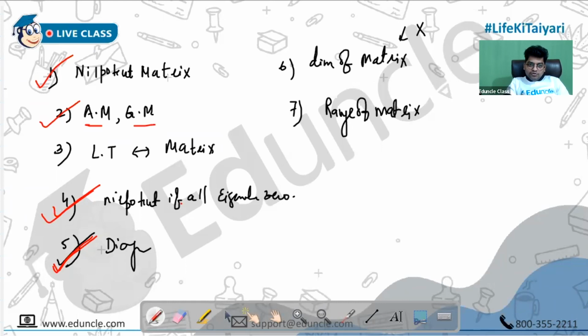The remaining part is, like one portion you were asking, block matrix. Any other problem you are facing in linear algebra, just tell me right now, so that we can discuss these problems tomorrow also.